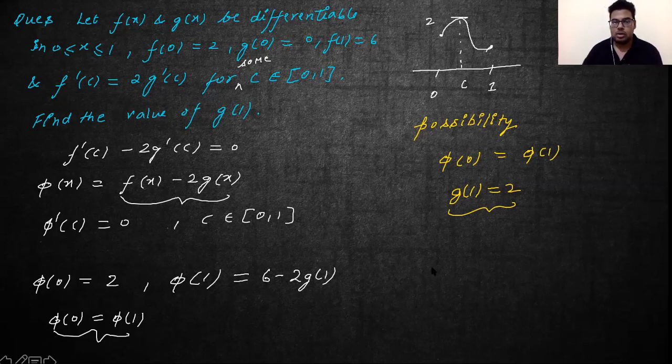So g of 1 equals 2 will surely be one of the answers, there is no doubt. Because if you start from phi of 0 equals 2, then phi of 1 is also 2, which will only happen when g of 1 equals 2.